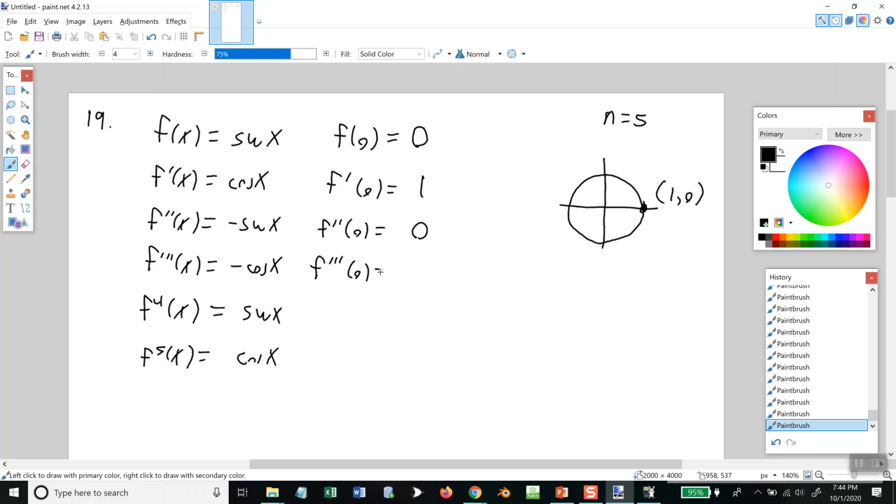Our third derivative, we'd put 0 in here, and cosine of 0 is 1, and I have a negative in front, so that's negative 1. Our fourth derivative, we got sine of 0, which is back to 0, and our fifth derivative at 0, we have cosine of 0, which is 1.